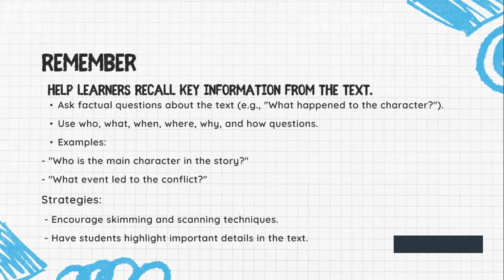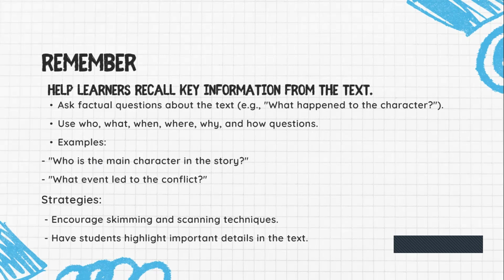as a subject now. The first level, which is remember, how is it represented in comprehension classes? It is in helping learners to recall key information from the text. How do we do this? Number one, when we ask factual questions about the text, like what happened to Gavi?